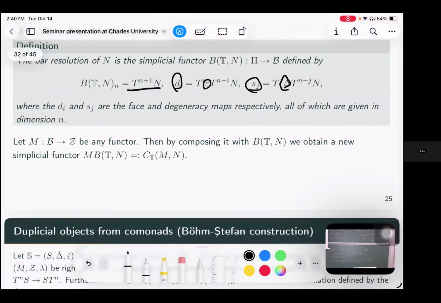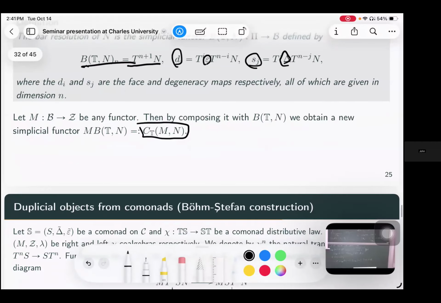Now, if I take an additional functor m from B to Z, and then I apply that to the simplicial functor, this Btn, I get a new simplicial functor, which we call CTMN.